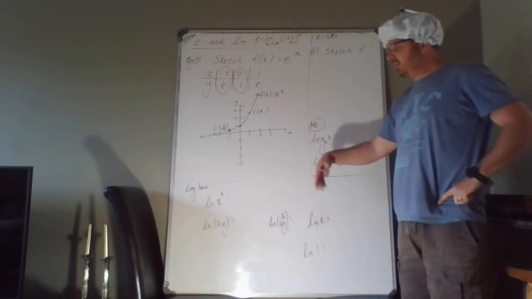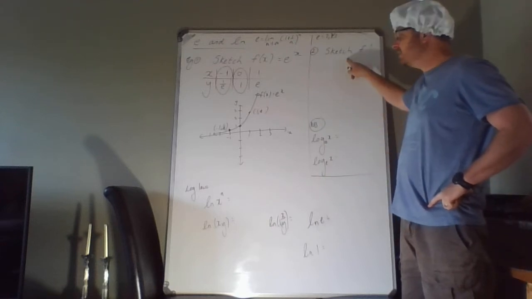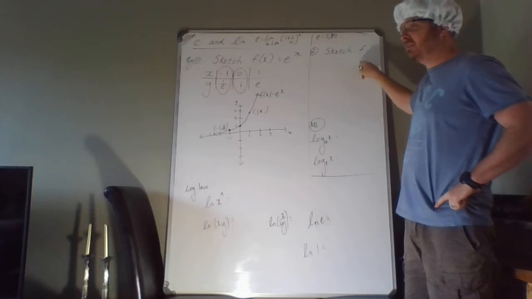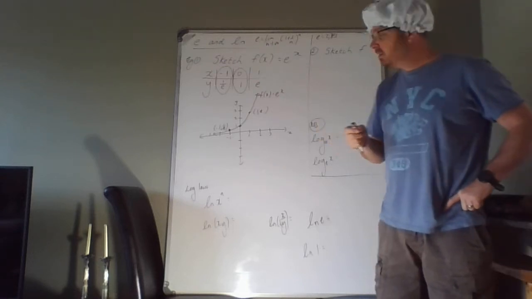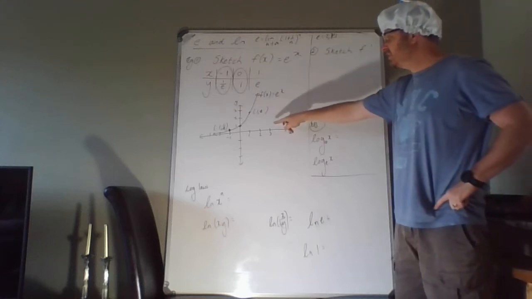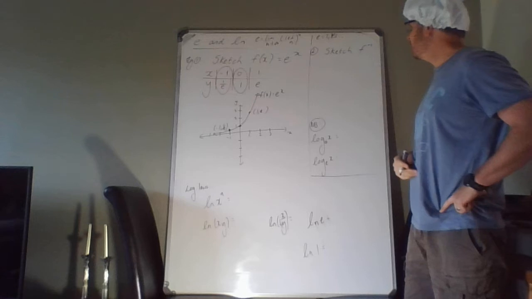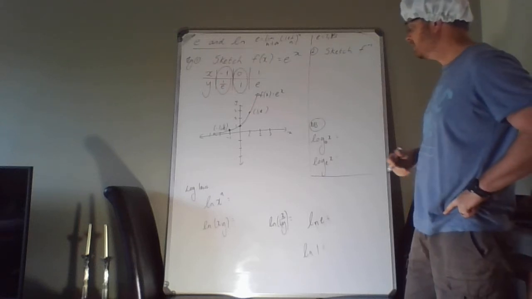Without even knowing anything about logs, you could still sketch f^-1. When you sketch the inverse function, for every individual point the x and y values swap around. So on the same set of axes, I want you to sketch f^-1, the inverse of f. Off you go.